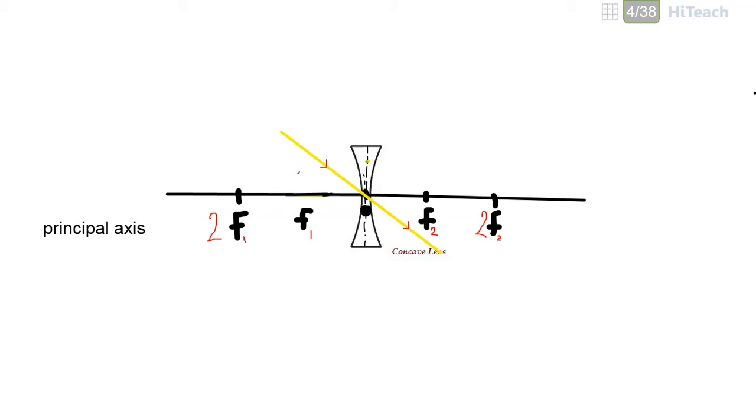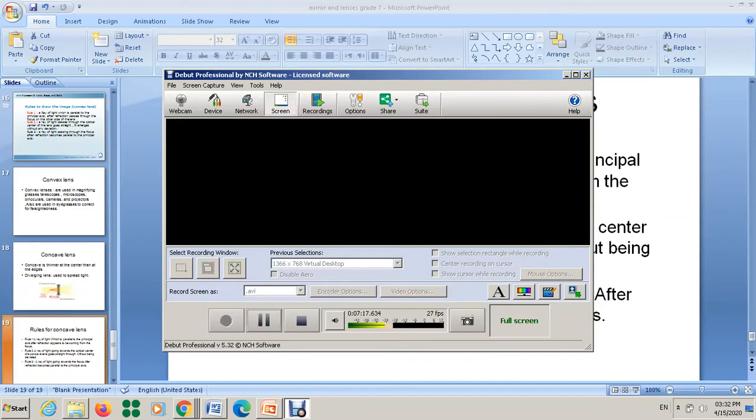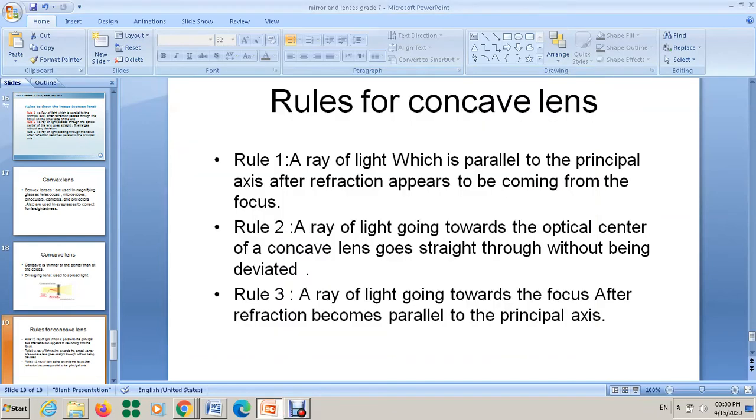For rule number 3 now, let's talk about rule number 3. Rule number 3: a ray of light going toward the focus after refraction becomes parallel to the principal axis. Let's do it together. So again, for rule number 3, a ray of light going towards the focus after refraction becomes parallel to the principal axis.